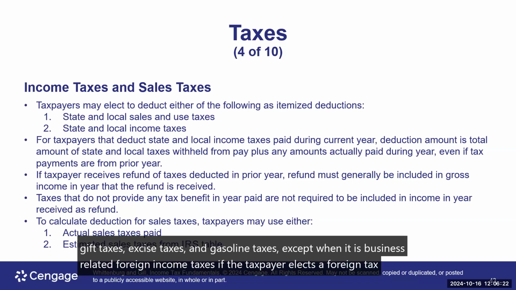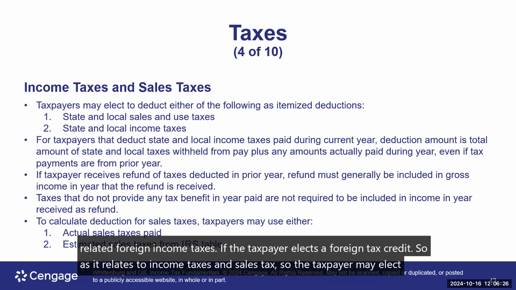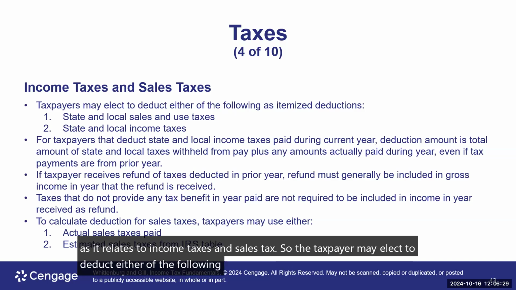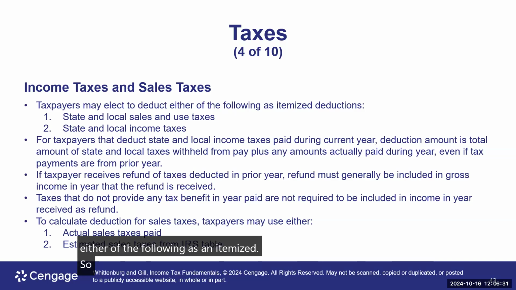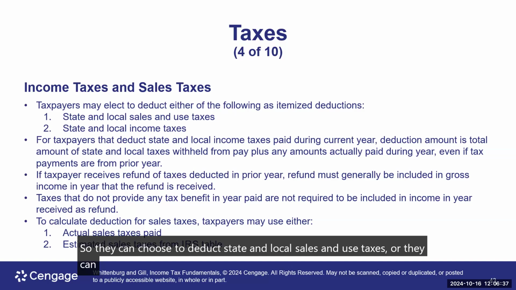So as it relates to income taxes and sales tax, the taxpayer may elect to deduct either of the following as an itemized deduction. They can choose to deduct state and local sales and use taxes, or they can choose to deduct state and local income taxes.